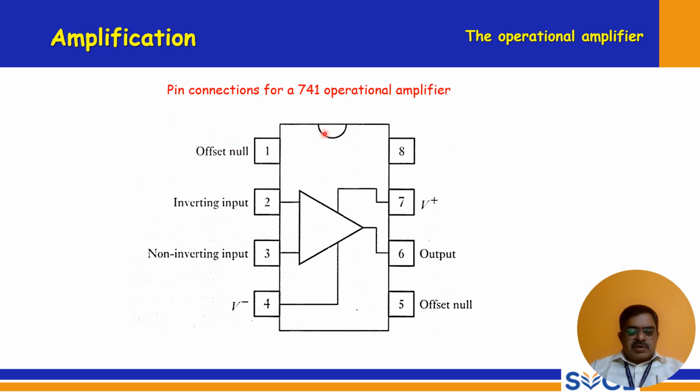From here we have to count the pins from the left-hand side in the counterclockwise direction: 1, 2, 3, 4, 5, 6, 7, 8. So it has 8 pins. Pin 3 is the non-inverting input, and pin 2 is the inverting input. This is a simple diagram of the operational amplifier. This is the example I have taken here, the 741 operational amplifier.